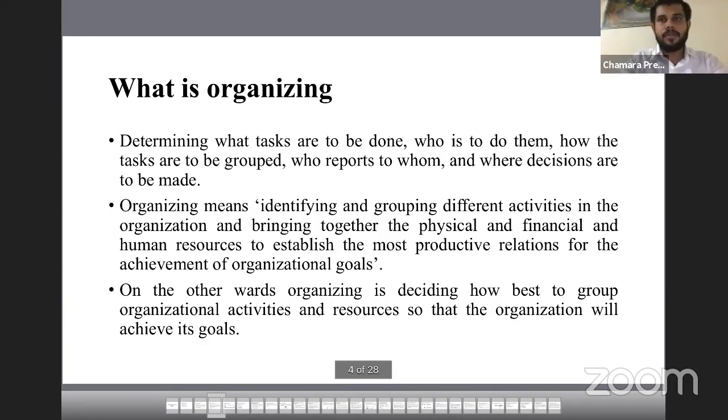Now I told you several sets of activities that we are doing in an organization. You can't handle and manage all these things together.